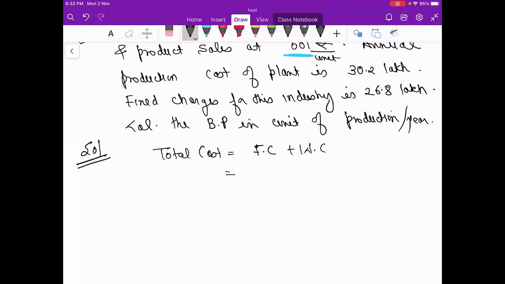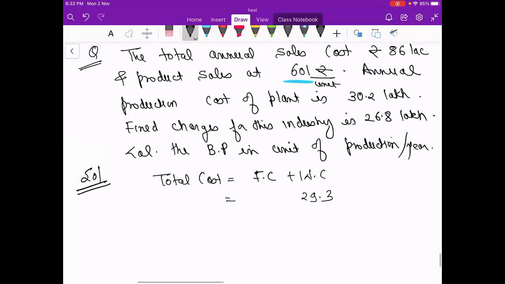So it is clearly mentioned that production cost is 29.3 and fixed charges are, annual production cost is 30.2 and fixed charges are 26.8.